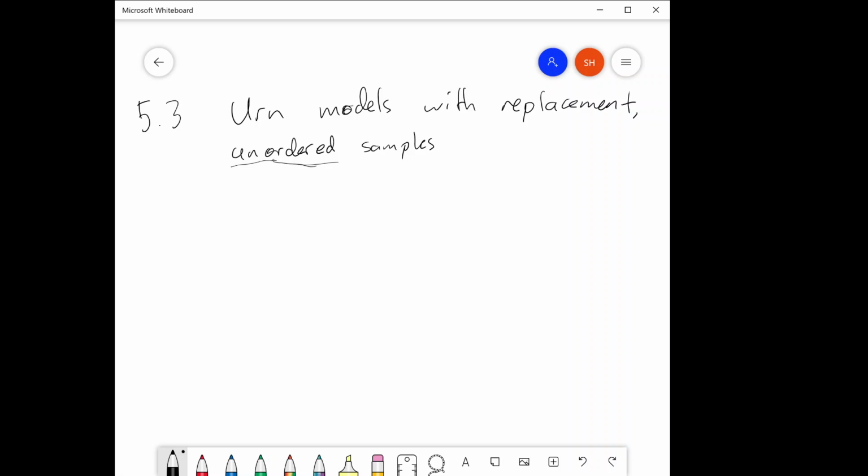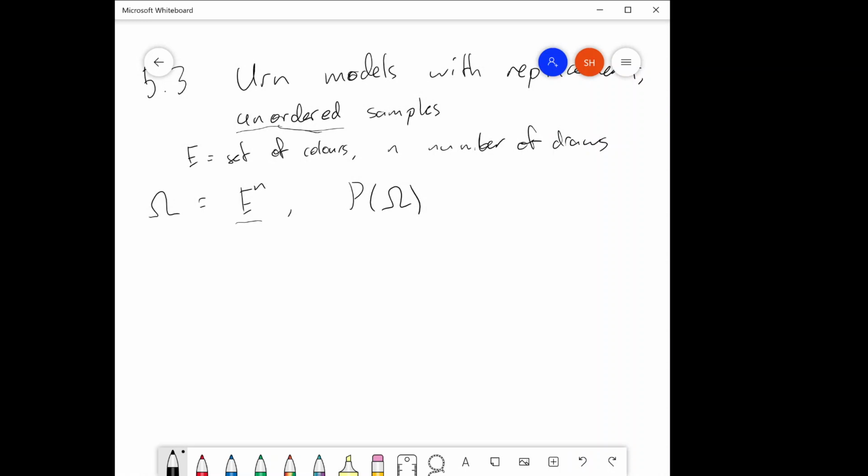Recall from the last lecture that we let Ω be E^n, where E is the set of colors and n is the number of draws, and we equip this with its power set 2^Ω as sigma algebra, where we think of this as the sequence of colors that we pick rather than the numbers that we've put on our balls. So here we have an ordered sample.